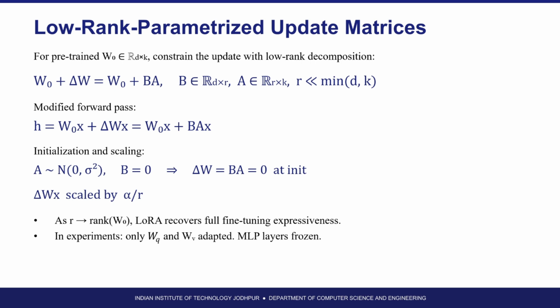For initialization, A is sampled from a Gaussian distribution and B is set to 0. So at the start, delta W is equal to 0, and the output is scaled by alpha over R to control the magnitude of the update.